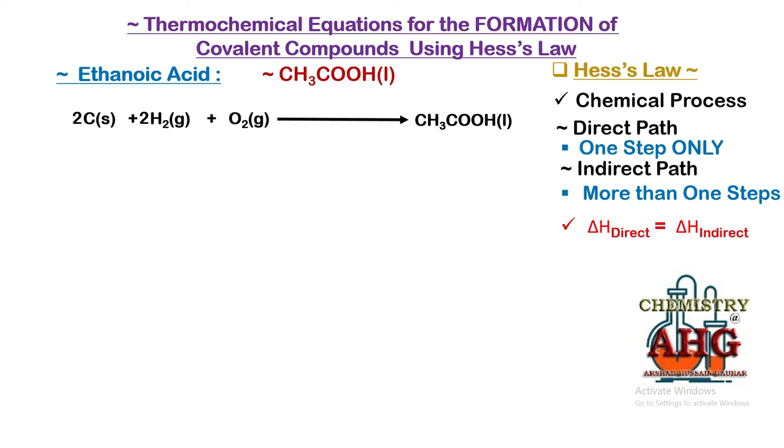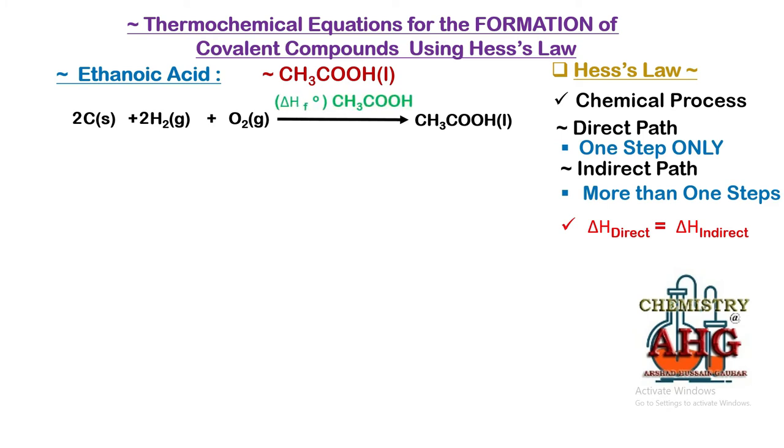In this case, this is an example for the formation of ethanoic acid. So what does this mean? We can recall that whenever a compound is formed from its elements, the enthalpy change is known as enthalpy change of formation. So we can introduce the label of delta HF, enthalpy change of formation.